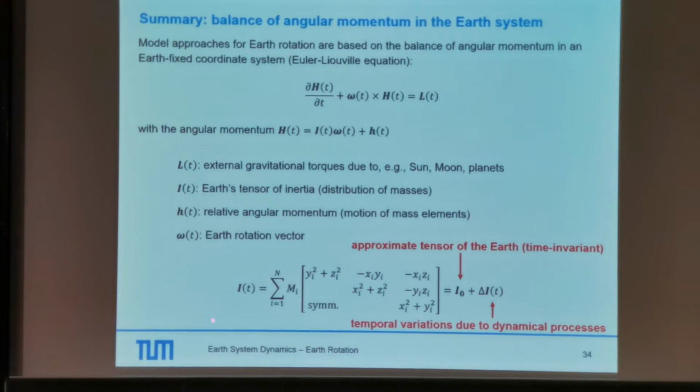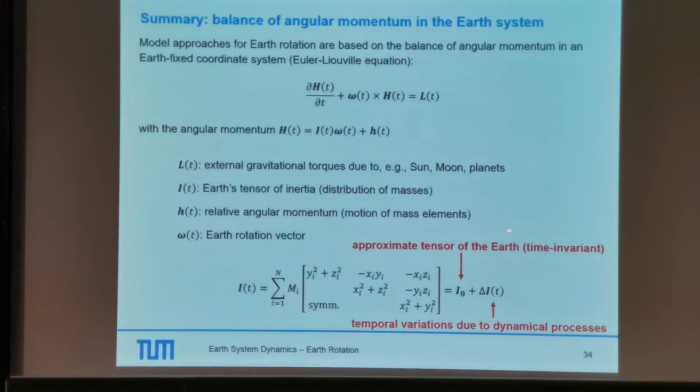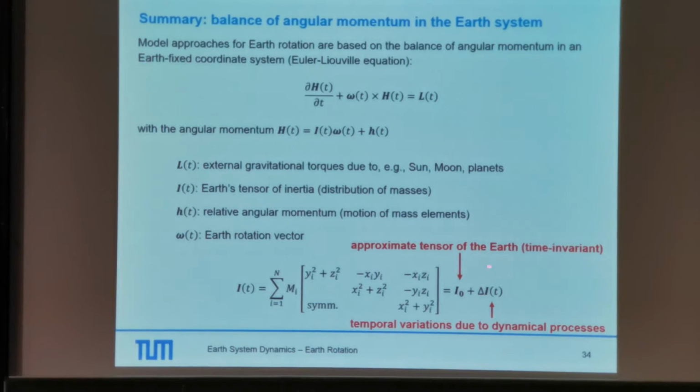And the tensor of inertia, as was shown before, was of this shape. This is more or less an approximate tensor of inertia of the Earth, which is time invariant.